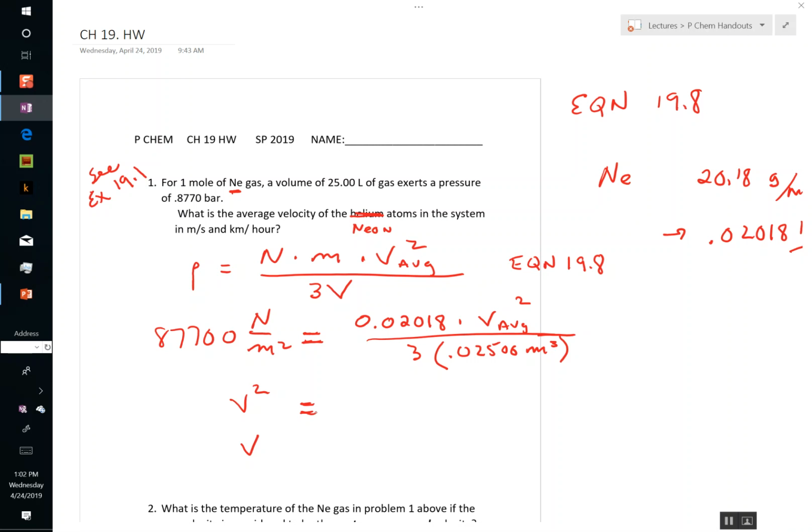Newtons per meter squared. That's a really good question. So where does that come from?